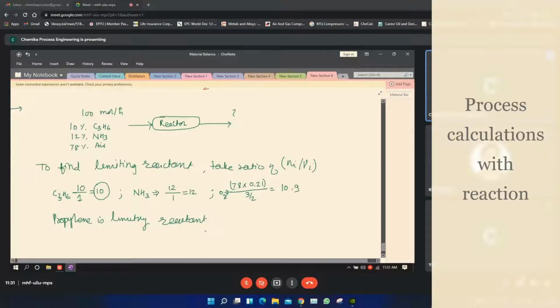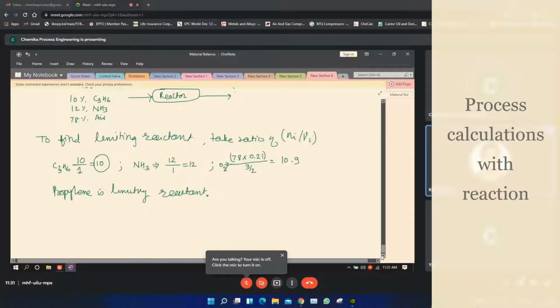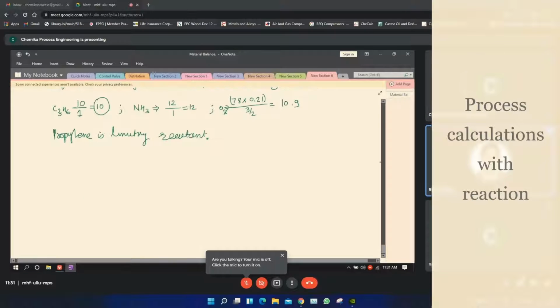We have only one limiting reactant and the rest are excess reactants. In the system there will always be one limiting reactant and a number of excess reactants.